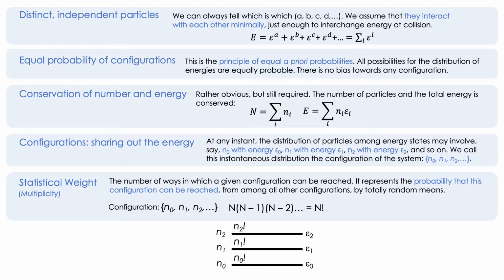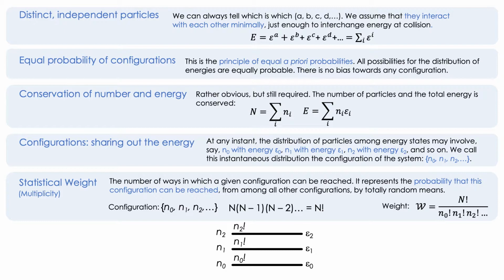The same happens for the other two. So for calculating the actual weight, the weight of the configuration is the total number n factorial divided by the product of the factorials of the populations of the levels.